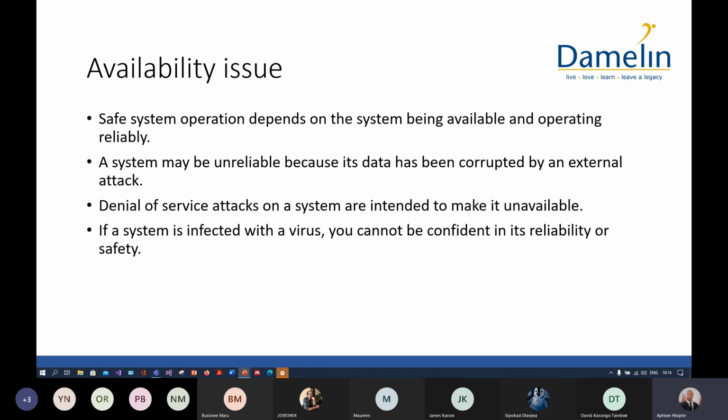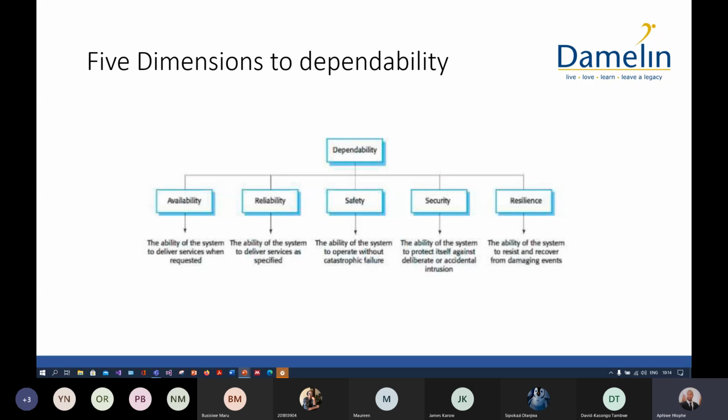And of course, if a system is infected with a virus, you cannot be confident in its reliability or its safety, okay? And we can see in this diagram, the 5 dimensions are also further mentioned. So you can see availability, the ability of a system to deliver services when requested.